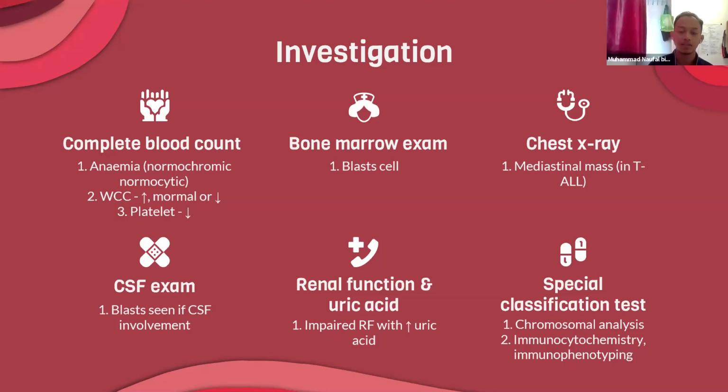And the last one is the special classification test, where we want to classify the leukemia based on the classification that I had stated before, in terms of the morphology, the phenotype, and also molecular or genetic defect. So we can do chromosomal analysis, and also immunocytochemistry and immunophenotyping.